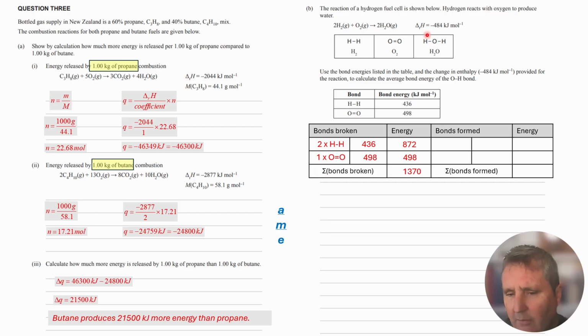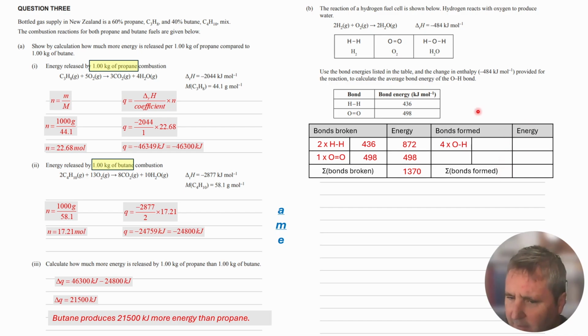Now when I look on the right-hand side, there is just 1 molecule. It's a water molecule, and if we look down here, each water molecule has 2 OH bonds. Now that's really important here, and there are 2 water molecules. So there are 4 OH bonds because there are 2 water molecules that have 2 OH bonds each.